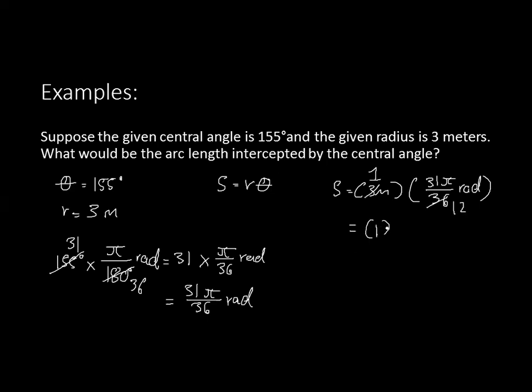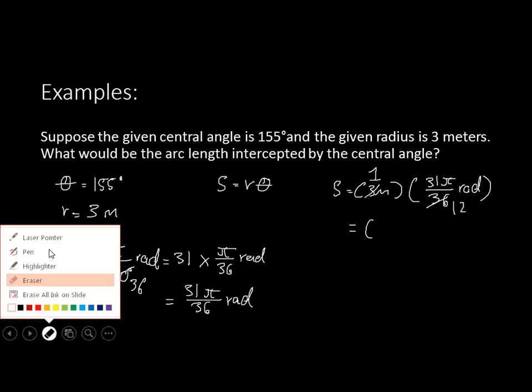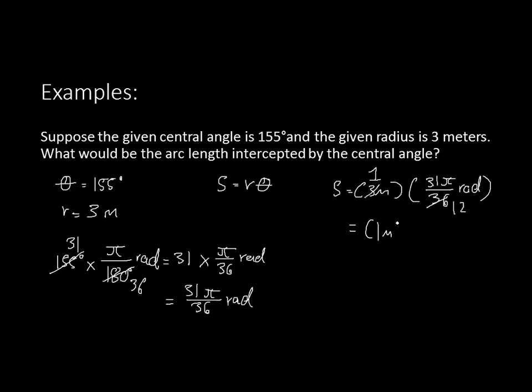So I have 1 meter times 31 pi all over 12 radian. So the answer here would be just 31 pi all over 12 meters. Again, you can disregard the radian, all right, because it is unitless. I already explained that earlier.